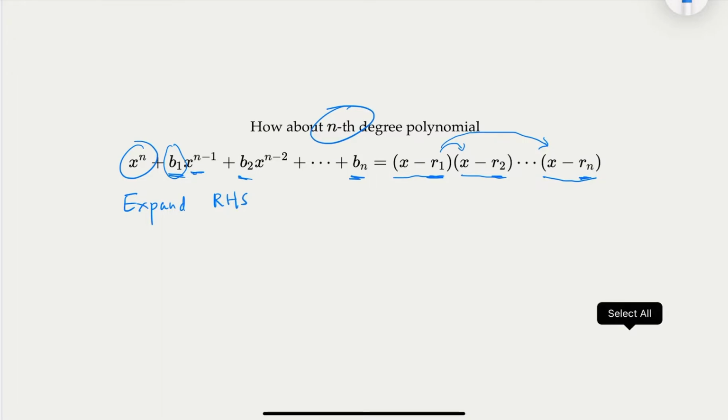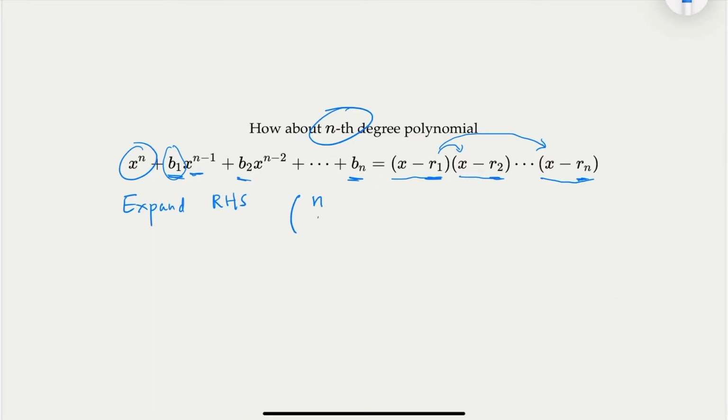In other words, from the n roots, you're going to choose 1 for each term, and in total there are going to be n choices. So what you end up with is minus r1 plus r2 plus rn on the right hand side, and then you have the x to the n minus 1 term. And for the rest, in general, for the n minus k degree, there are n choose k ways of choosing some combination of these roots.